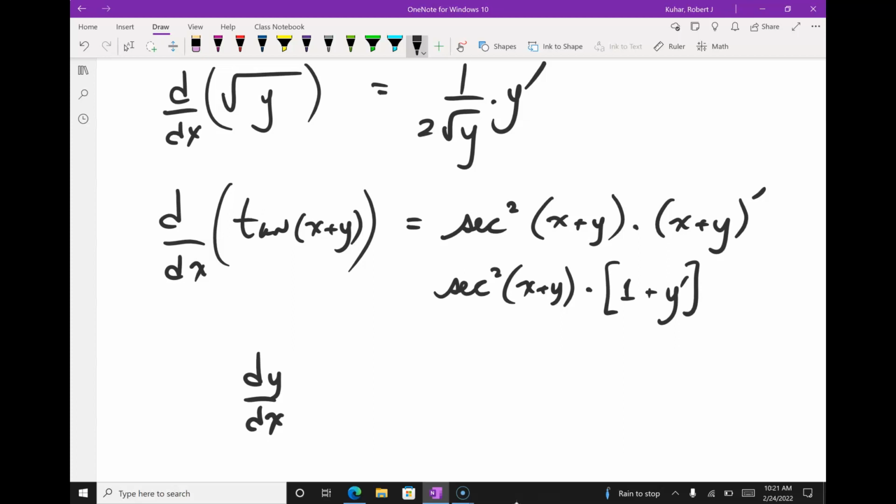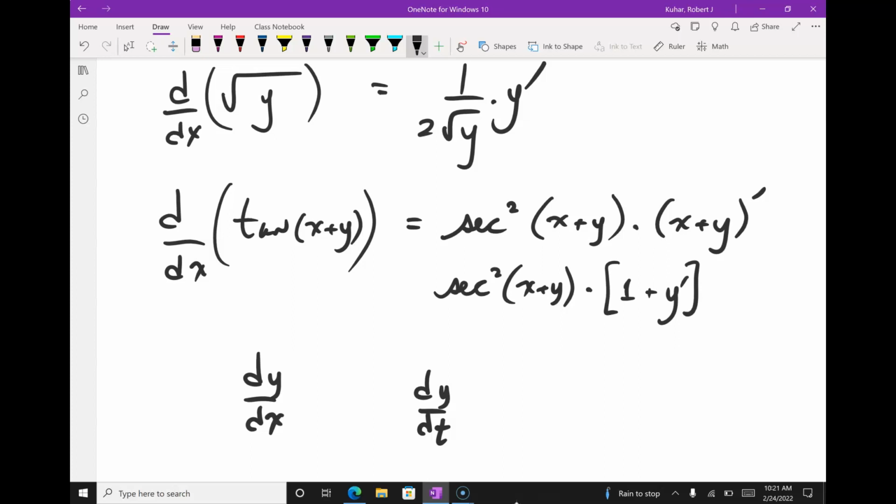Newton's English, Leibniz German, they supposedly both discovered calculus at the same time, but they had different notations. I will use dy dt whenever I'm differentiating with some other variable. dy dt tells me I have y prime, but in terms of the variable t. Sorry, yes, time.